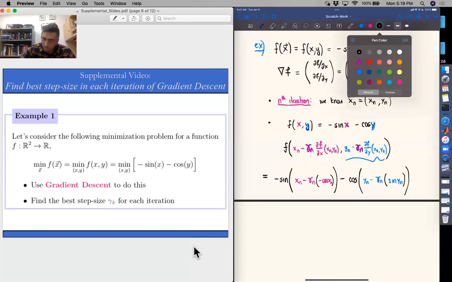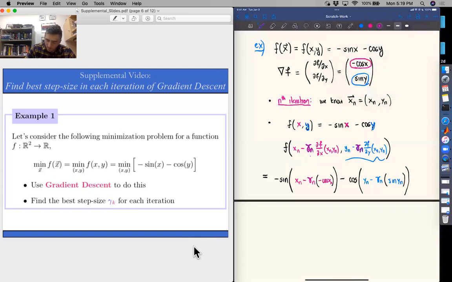Now again, the important thing for us to recognize here is that the only actual unknown is these gammas. Since we assume we know the nth approximation for our solution, so we know the xn vector, again we know xn and yn, the only thing that's a variable in that last function is that gamma.